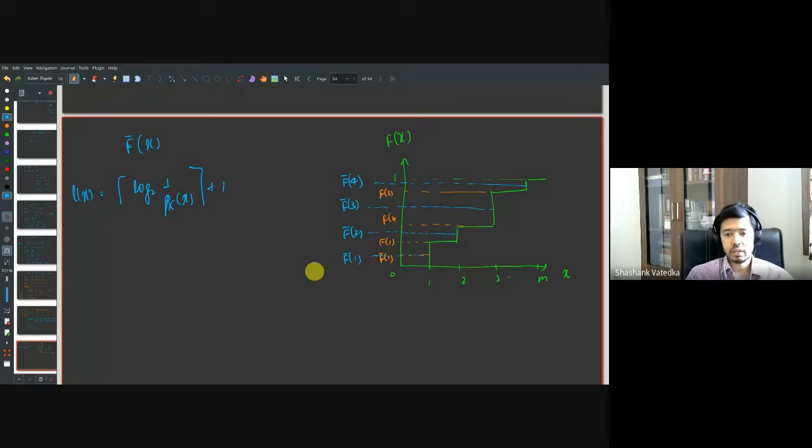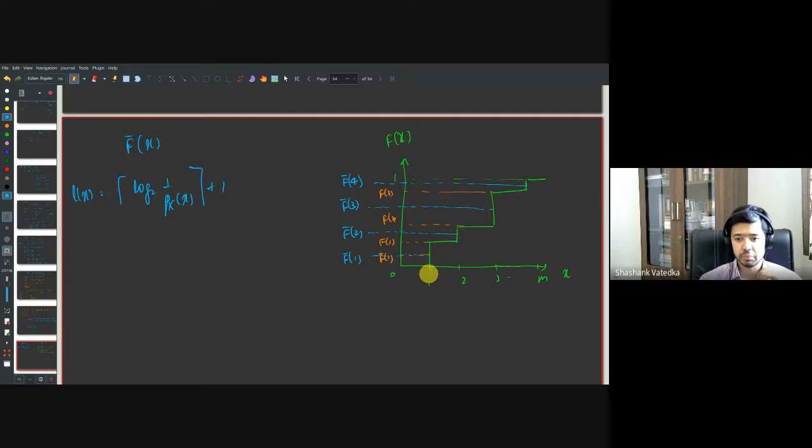Okay. So one way, the intuitive way, of thinking about the Shannon-Fano-Elias coding procedure is the following. Now let us look at the CDF f of x. The whole idea in Shannon-Fano-Elias coding is to map disjoint intervals to individual symbols.